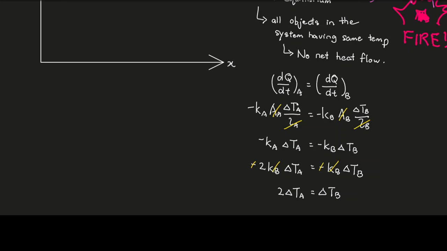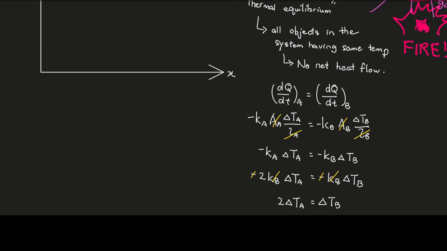So this is something very important here that we find out. We find out that the difference in temperature, let's draw back this rod here, or else there's nothing to visualize.